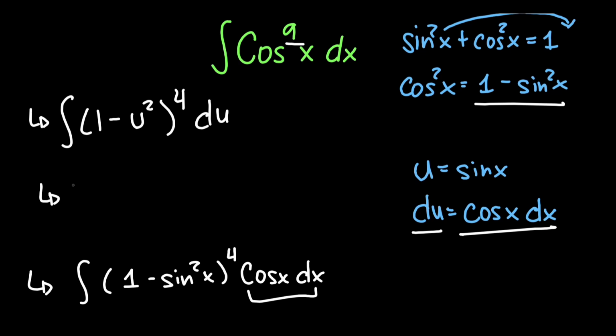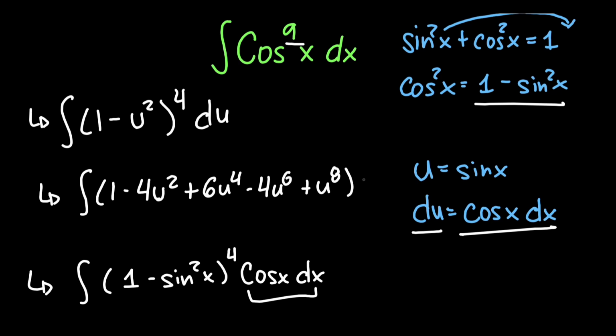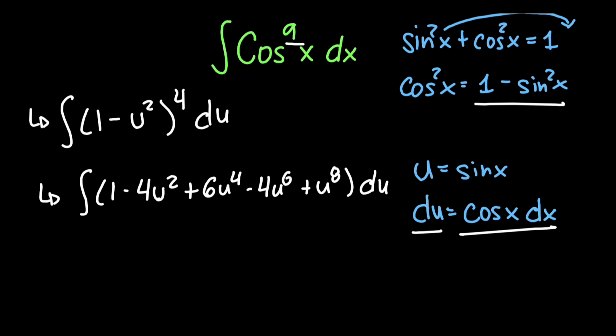And so what you will have here is the integral of 1 minus 4u squared plus 6u to the power 4 minus 4u to the power of 6 plus u to the power of 8, and multiply this by du. And so we can now integrate this one by one.